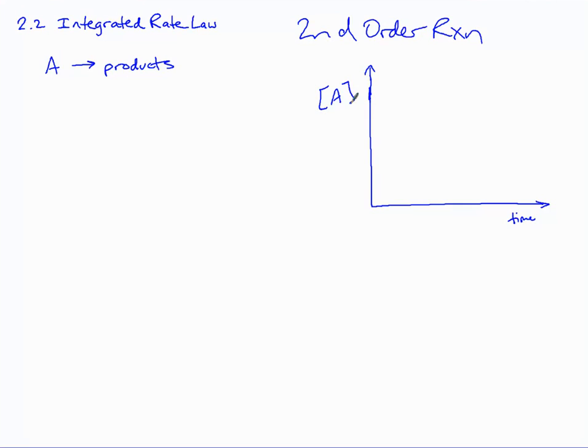We have one that is concentration versus time. And then we have another graph that we're going to use in a minute. So we're still talking about a reaction where substance A is yielding products. And the rate law for this reaction is rate equals K times the concentration of A to the second power. And this is how we know that it's a second order reaction.